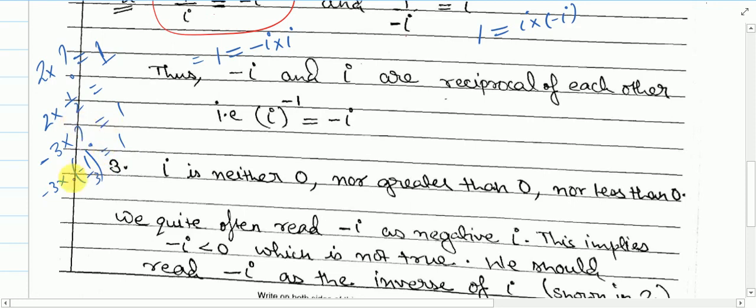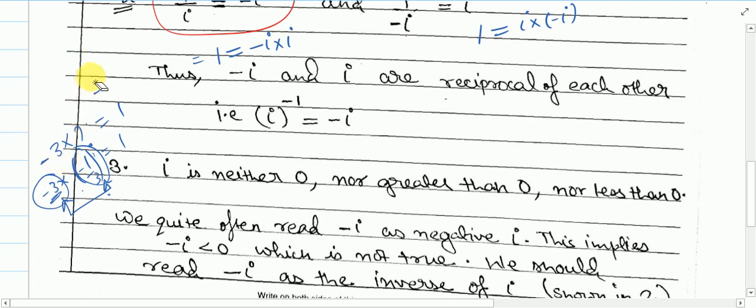So in this case, these two are called multiplicative inverse of each other, like minus 3 is multiplicative inverse of minus 1 by 3, and 2 is multiplicative inverse of 1 by 2.